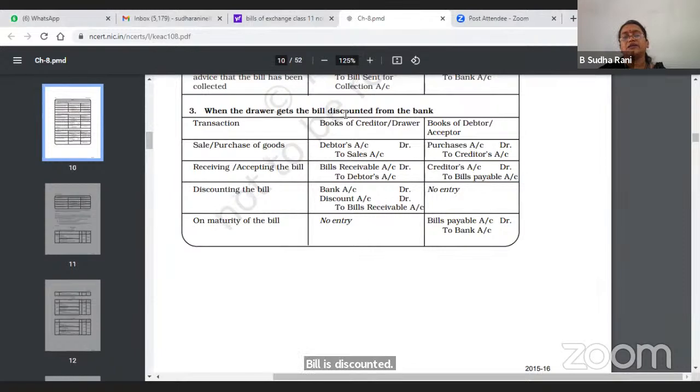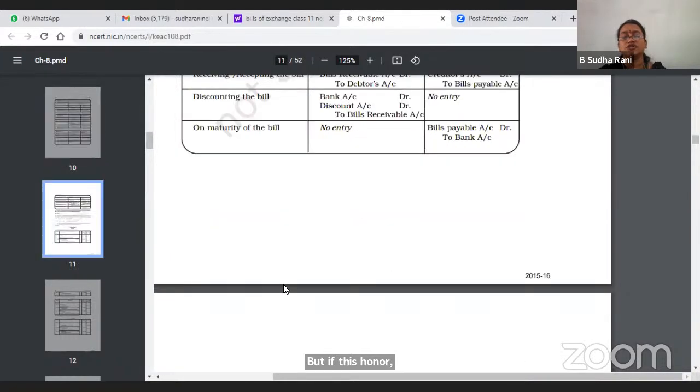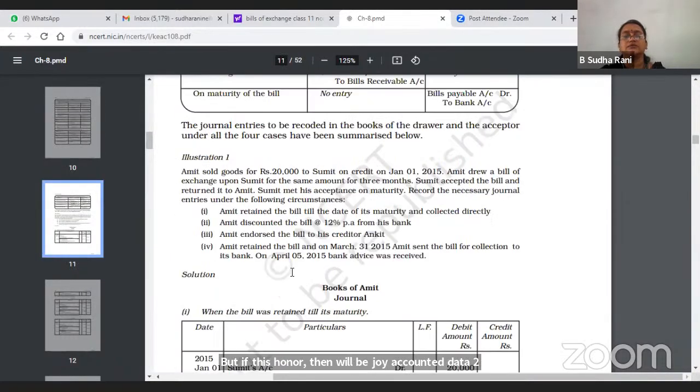So in case of a bill discounted, on maturity date, if honored, no entry, but if dishonored, the entry will be drawee account debit to bank account.